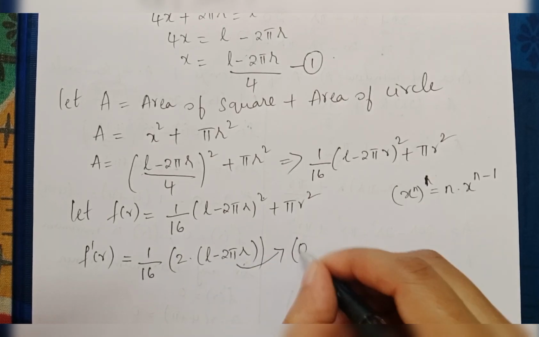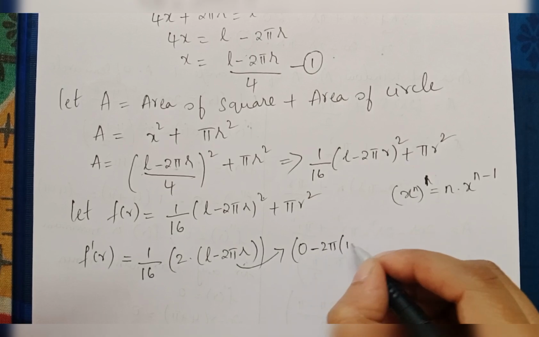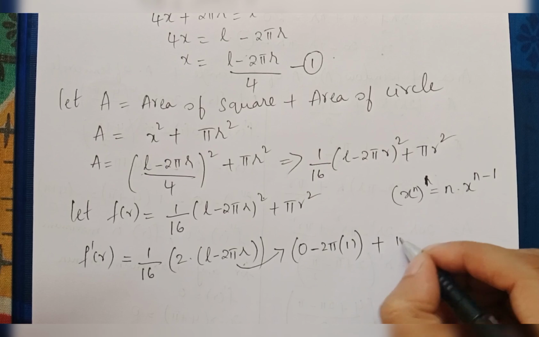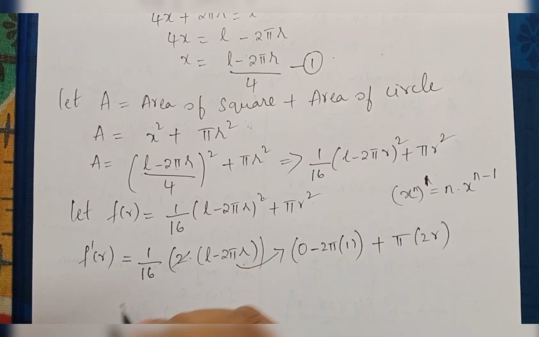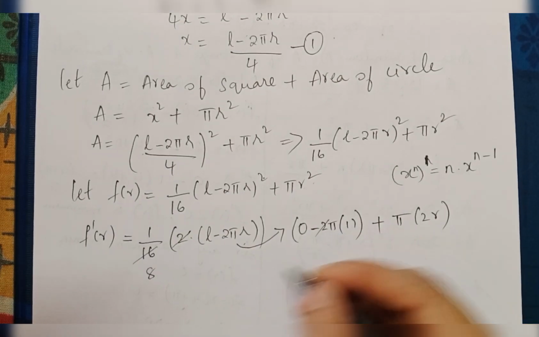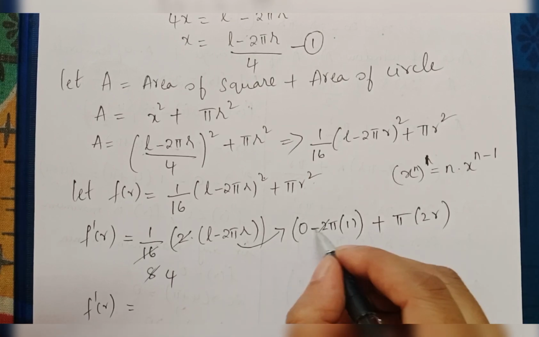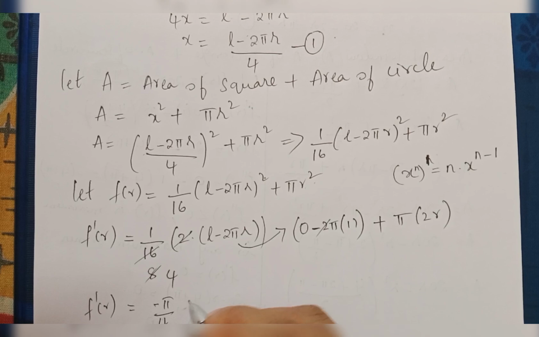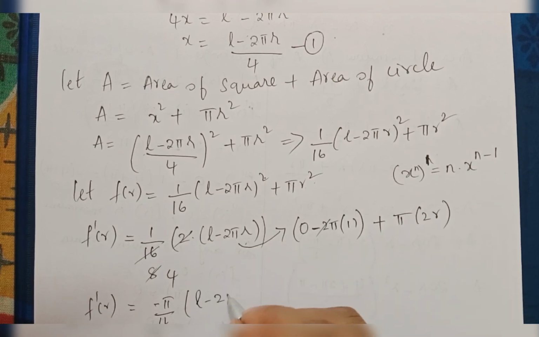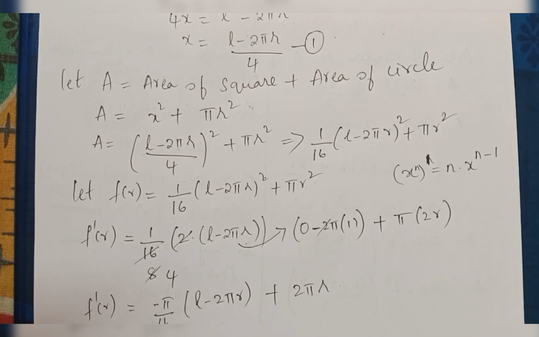L is a constant, so its derivative is 0, minus 2 pi as it is, and the derivative of r will be 1, plus pi, r square derivative will be 2r. So here 2 ones are 2 and 2 eights are 16, and here 2 ones are 2 and 2 twos are 4. So f dash of r is equal to, here there is a minus, so minus pi by 4 into the factor (L minus 2 pi r plus 2 pi r).